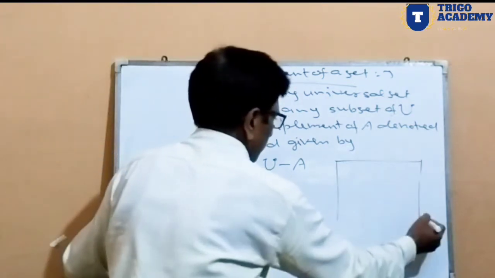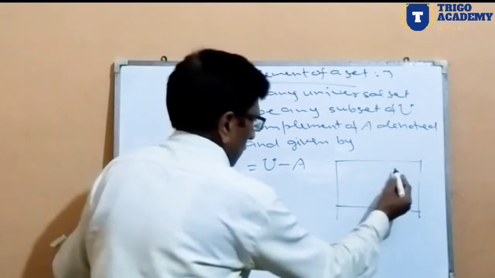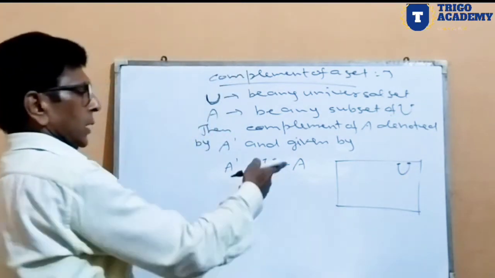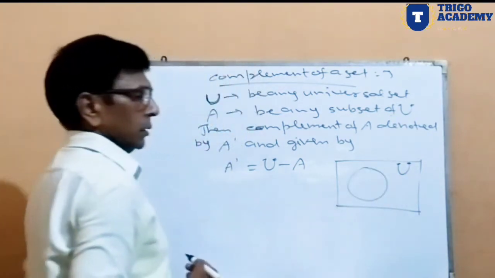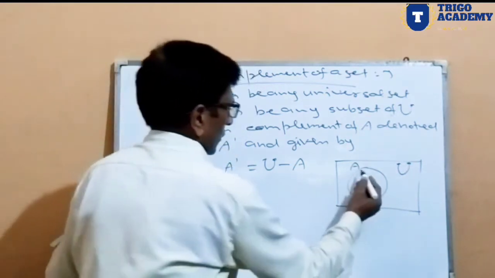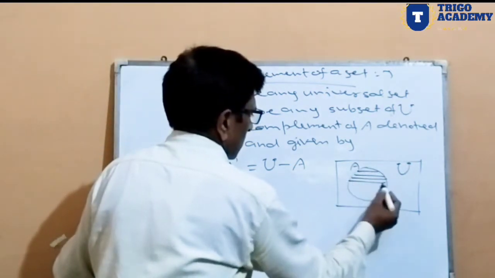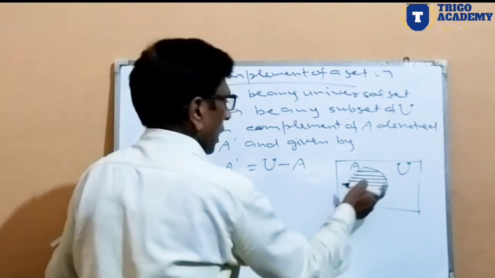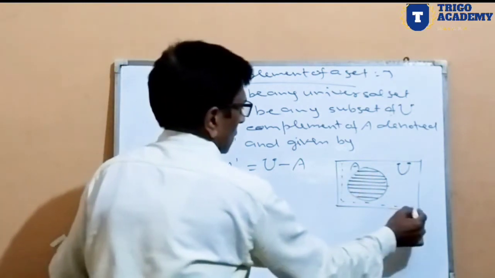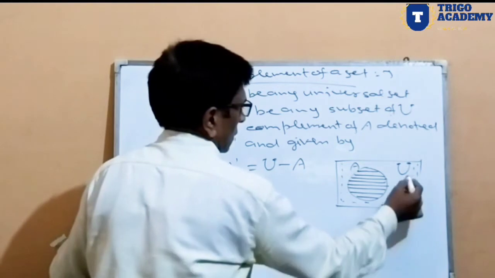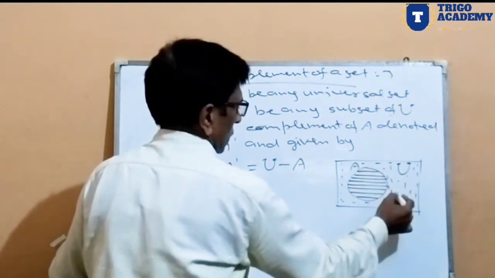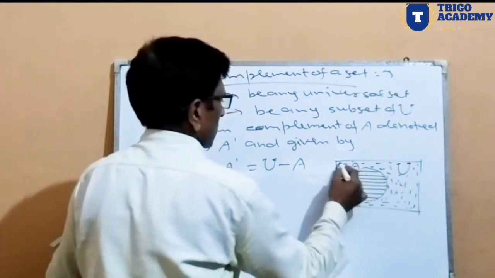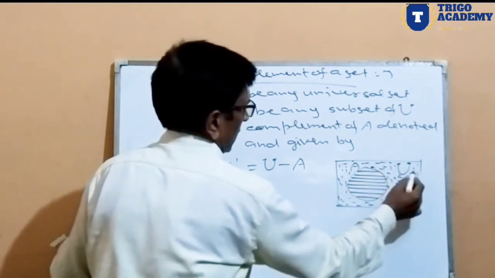In one diagram, this is the universal set and this circle represents set A. This line shaded portion represents the elements of A, and outside this circle the dotted portion represents the elements of A dash.